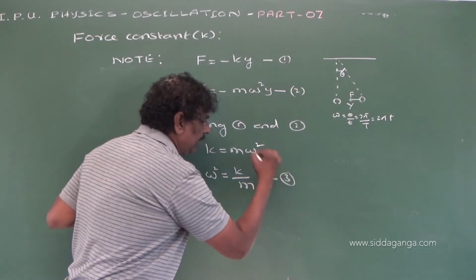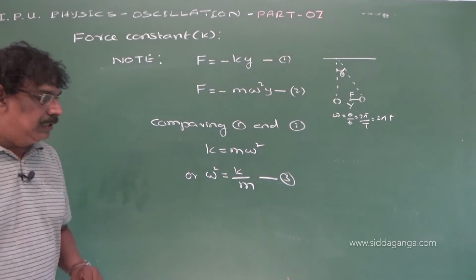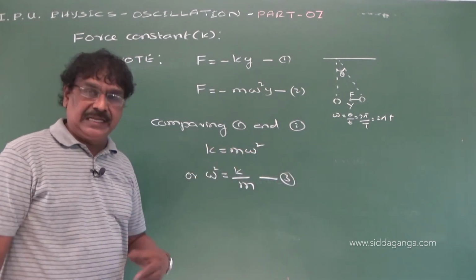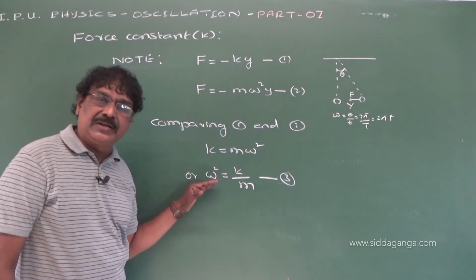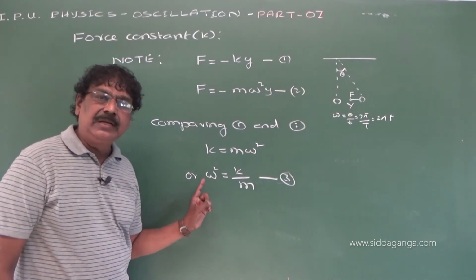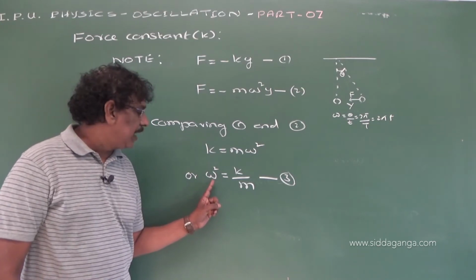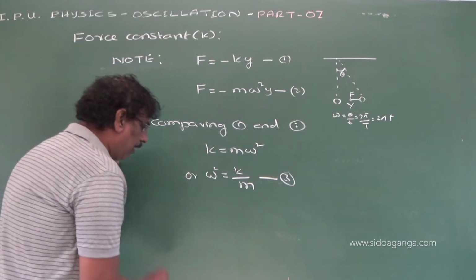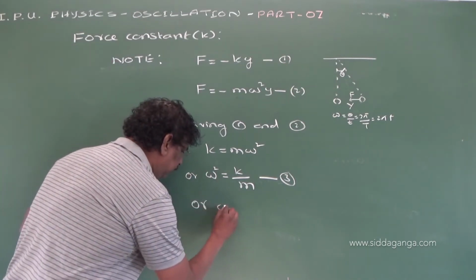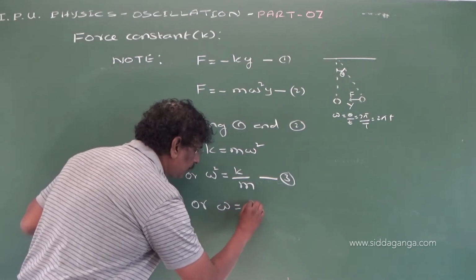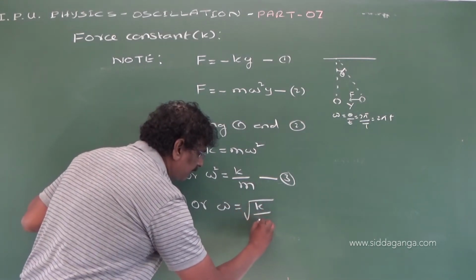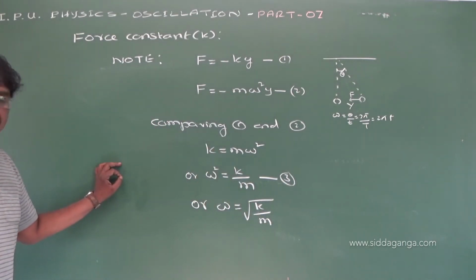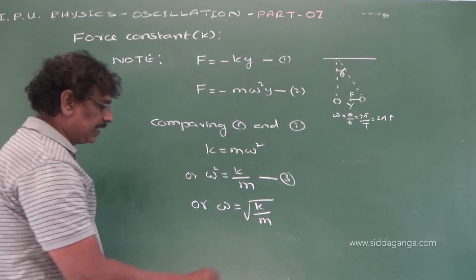I will take this as equation 3. In the next course of the discussion, we are using this relation. Remember this relation: in simple harmonic motion, omega square is equal to k by m, or omega is equal to square root of k by m, where m is mass and k is force constant.